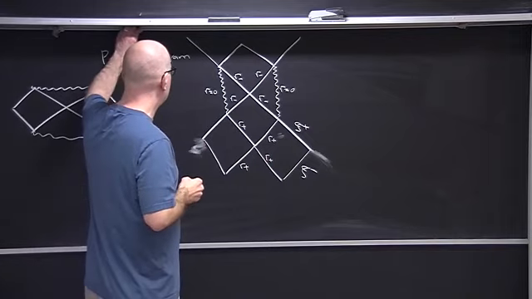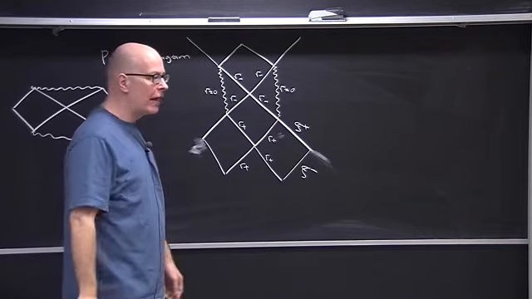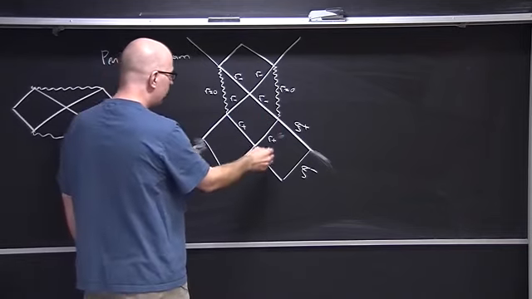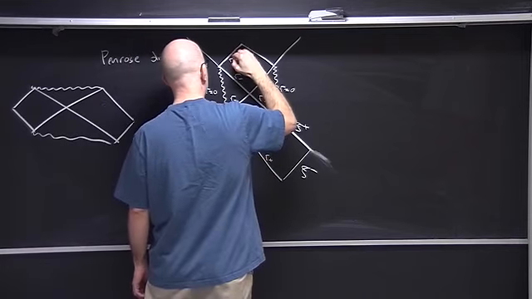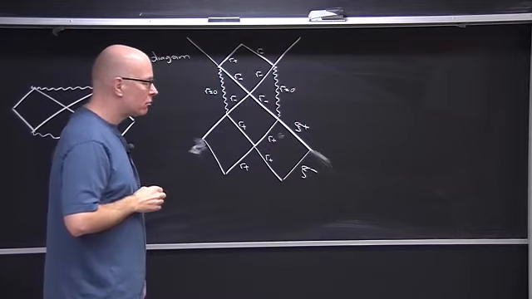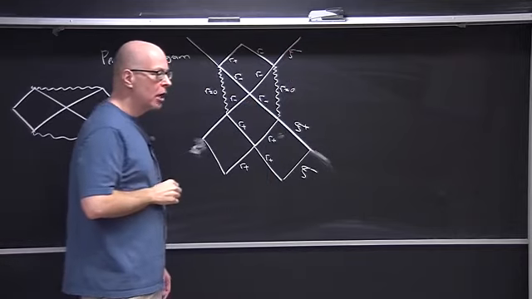But it doesn't stop there. This is another null surface, and it corresponds to another copy of R plus. We already had multiple copies. We had copy number 1, copy number 2. We get copy number 3 over here, copy number 4 over here. We have another copy of Scri minus up here.